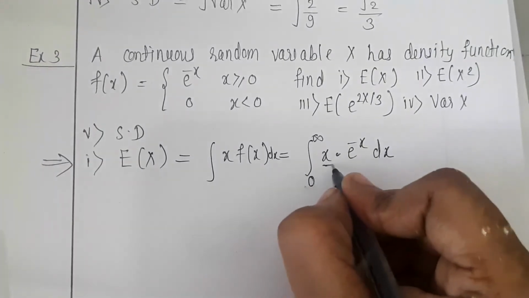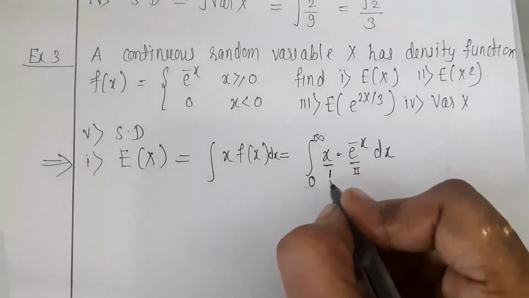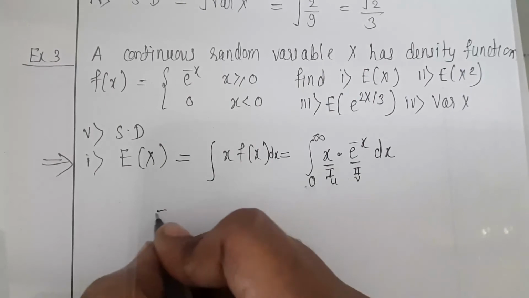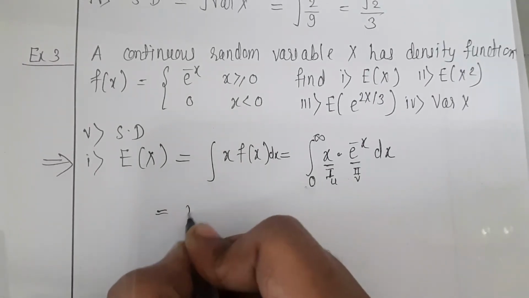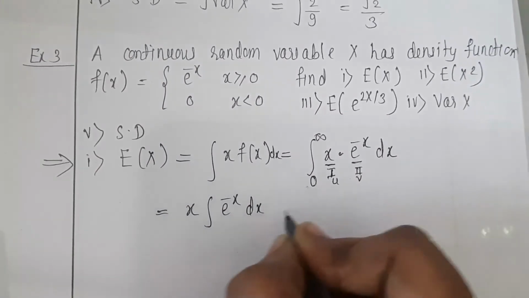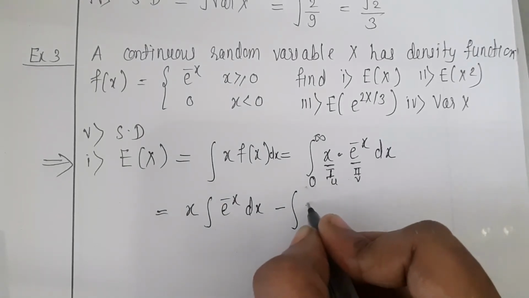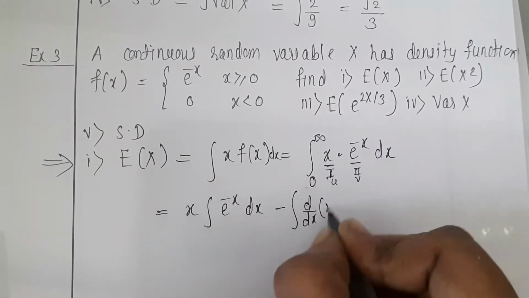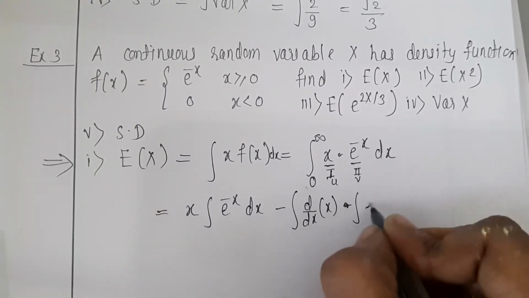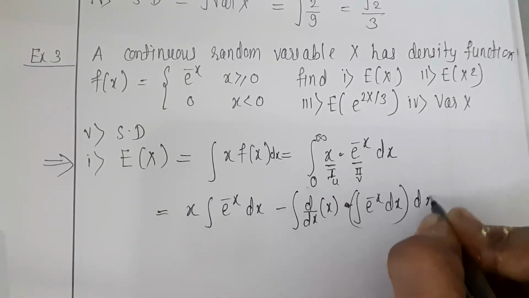Now use here integration by parts. This is the first function, this is the second function. So use the u into v rule. It is equal to integration of the first function, that is x, into integration of the second function e to the power minus x dx, minus integration of the derivative of the first function, d by dx of x, multiplied by integration of e to the power minus x dx, multiplied by dx.